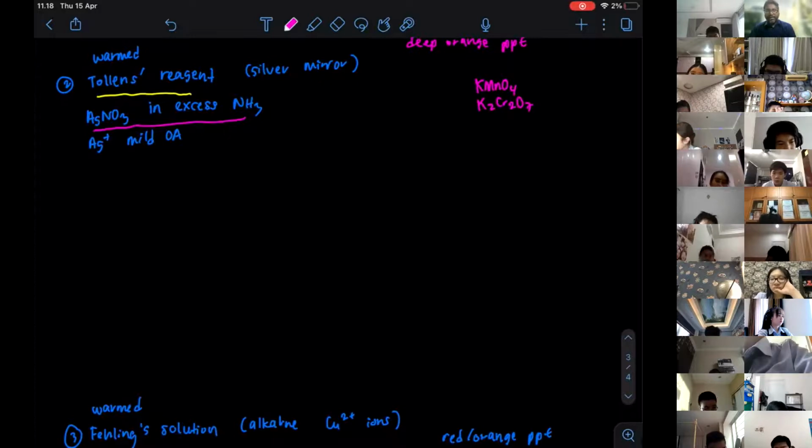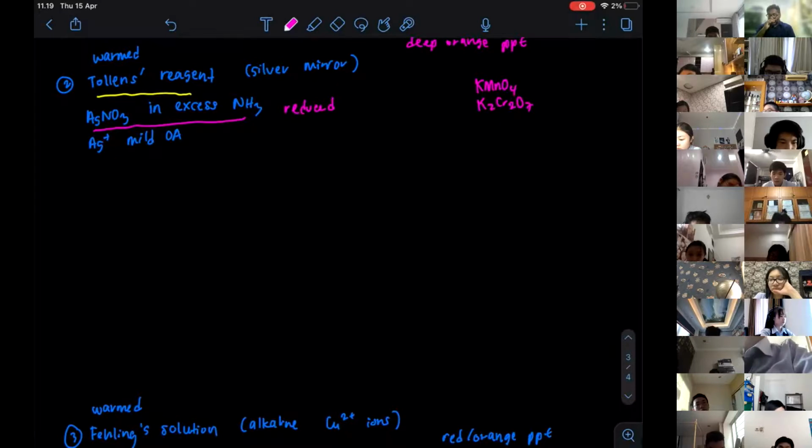Now, if these are oxidizing agents, they will oxidize others, but they themselves will get oxidized or reduced? Reduced. They are going to get reduced. Please remember that. So they are going to oxidize others.